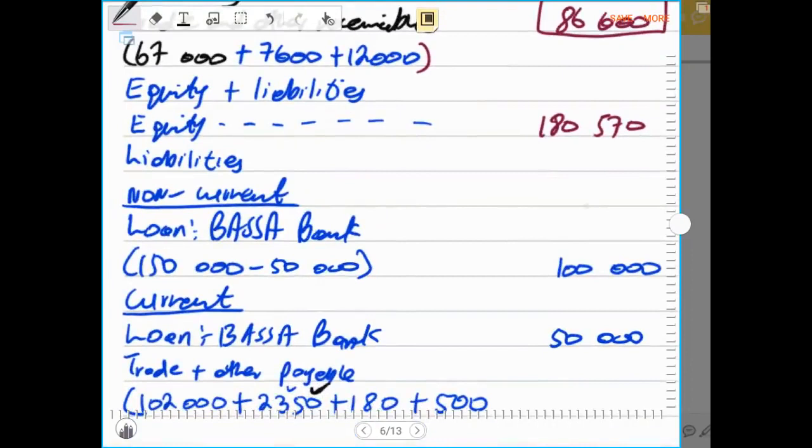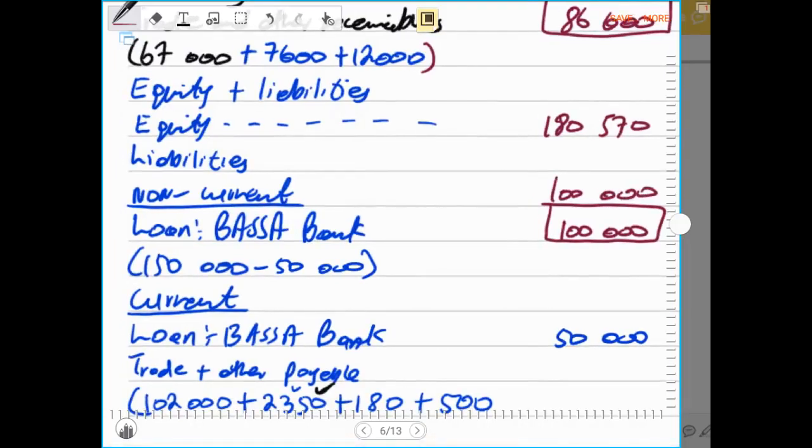Our non-current, it will be the loan from ABA Bank, and the loan from ABA Bank amounted to 100,000. That is 100,000, and we draw a box for that. It becomes 100,000.